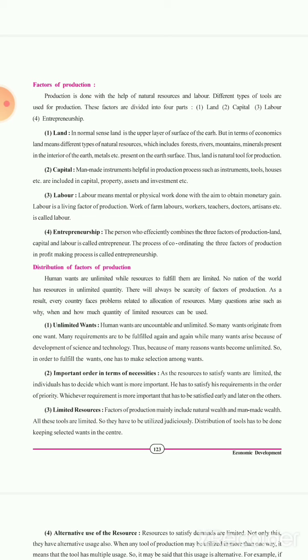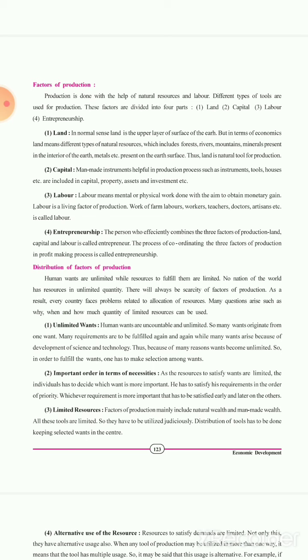Usually, by land, we mean the upper layer of the surface of the earth. But when we talk in economics, land has a different meaning: different types of natural resources, which include forest, rivers, mountains, minerals present in the interior of the earth, metals, etc. All these become a part of land.